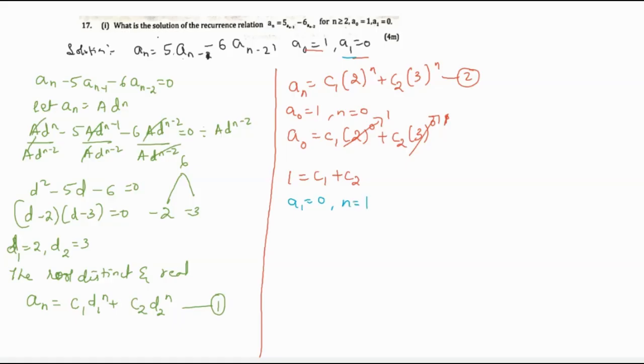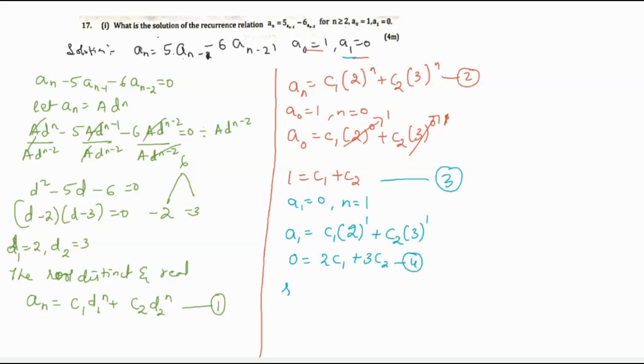So a_1 will be c1 into 2 into 1 plus c2 into 3 into 1. So it will be 0 equals 2c1 plus 3c2. You can call this equation 3, and this equation 4.